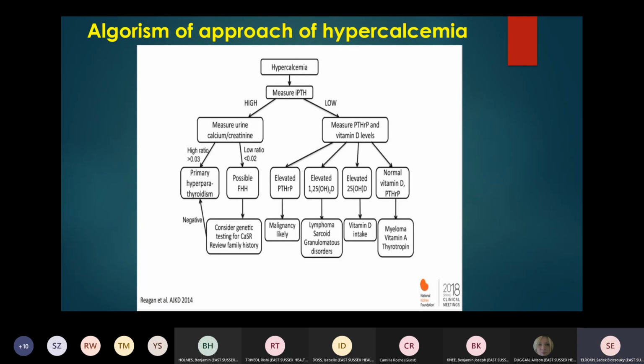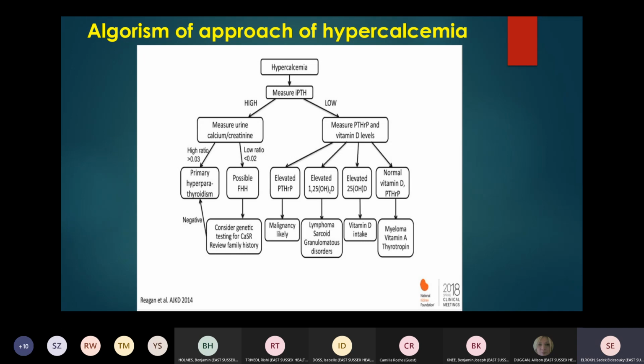Like you see here, if the parathyroid hormone is normal or high in the case of hypercalcemia, it means 3 possibilities. The first one is primary hyperparathyroidism, or familial hypocalciuric hypercalcemia, or lithium-related hypercalcemia. At that time, you have to measure the calcium creatinine ratio to differentiate between primary hyperparathyroidism and familial hypocalciuric hypercalcemia.